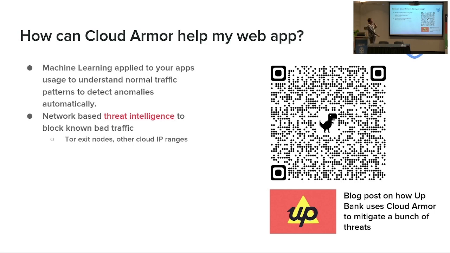So the machine learning that's applied to your application will understand access patterns and those sorts of things. So if it sees requests coming from a browser or a non-iOS or Android device, it's just going to block it, because it's like, we don't have clients that access the Up service legitimately that don't use those clients. So it'll understand that and it'll surface those anomalies that you can either action later on or explicitly deny until you come and have a look at it at some point.